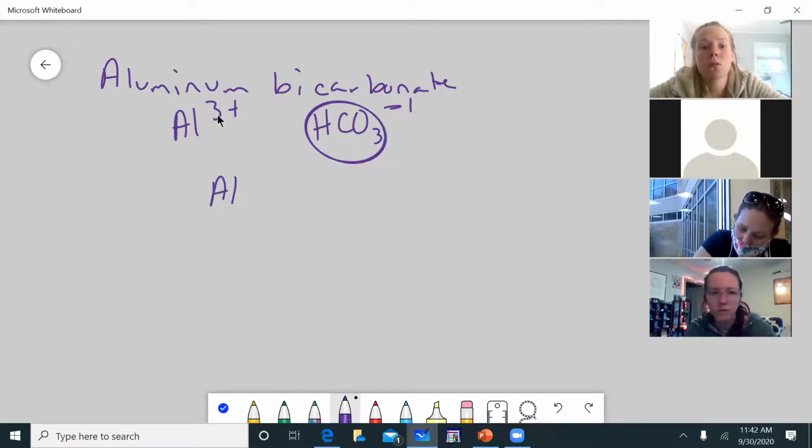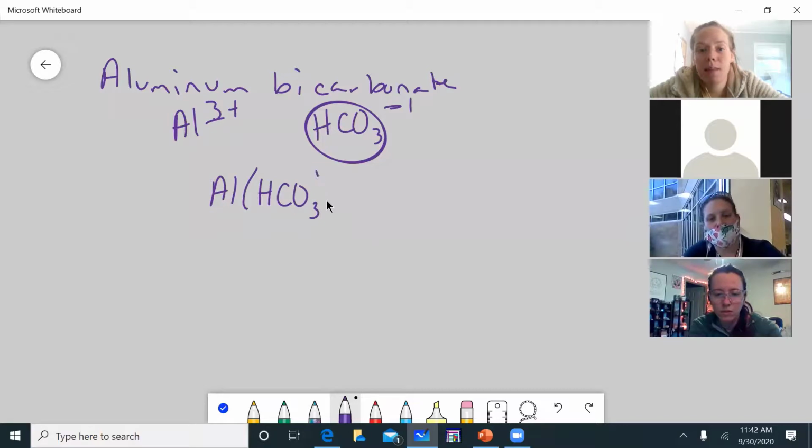This has a magnitude of 3, so I need 3 of these packets. So I'm going to put a parenthesis HCO3, and this sometimes throws people off. They're like, should I put another 3 here? Yes, you should put another 3. You have 3 of the 3 things. There are 3 oxygens and you have 3 of them within that.